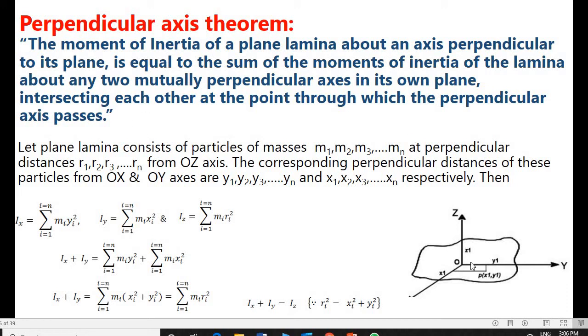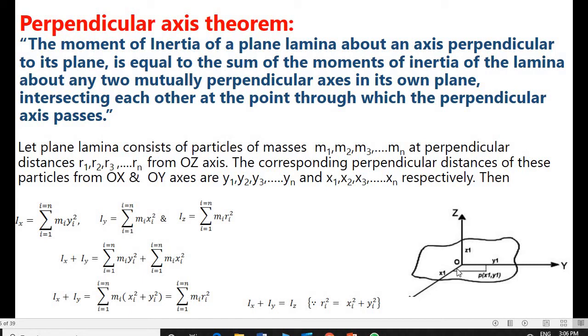That means here OZ is an axis which is perpendicular to the plane of the lamina. Again OX and OY are axes in the plane of the lamina, but all these three axes are at the same point.